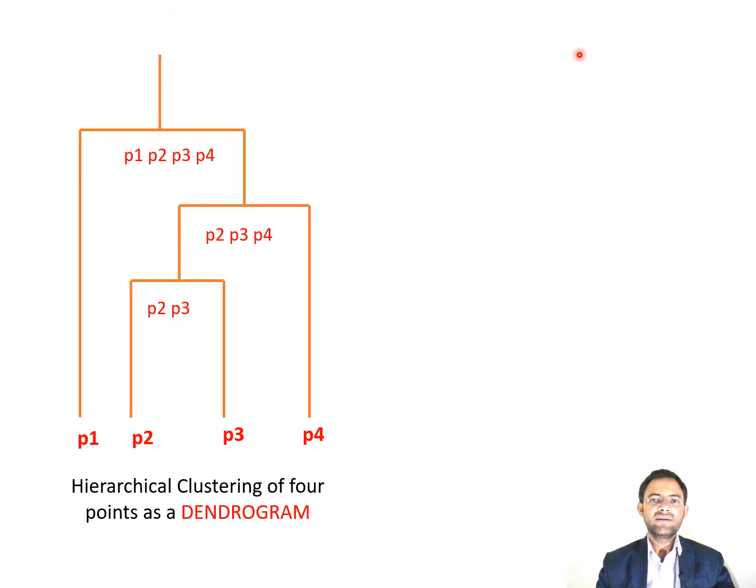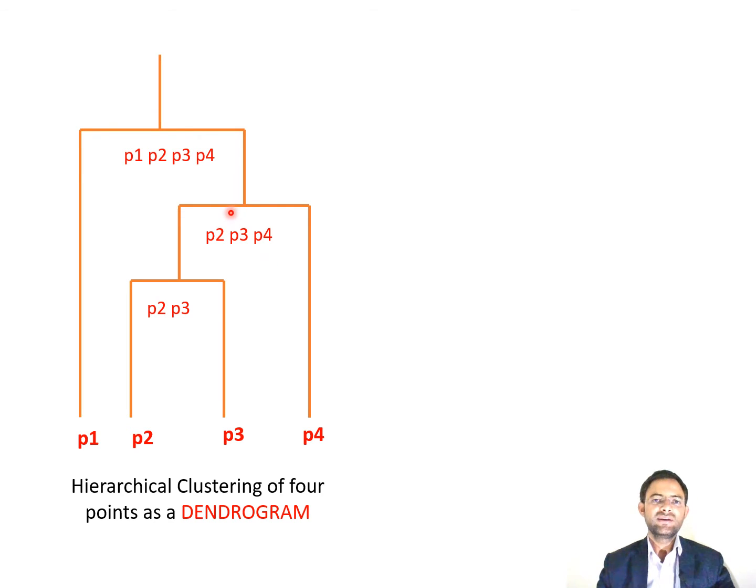Now again draw lines to connect groups of 3 or 4. This may involve connecting groups of 2, and here this group P2 and P3 is again connected by a line with a new attribute or another point, that is P4, thus forming a new group named the P2, P3, P4 group.